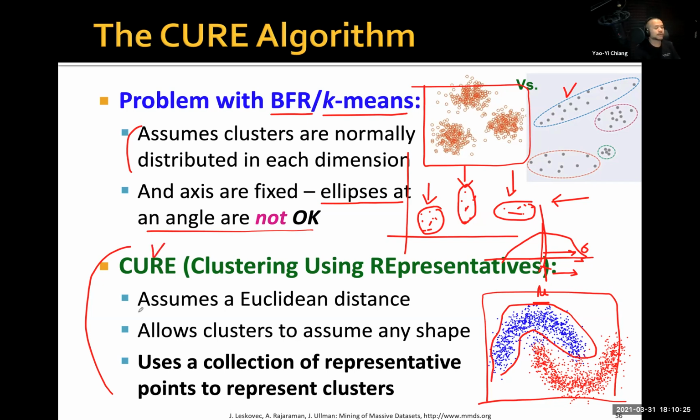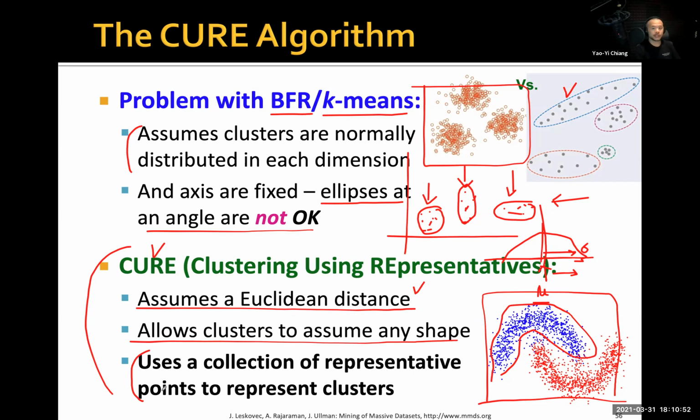Okay, so at the same time, your CURE algorithm also assumes a Euclidean space, so Euclidean distance for your data set. This is the same as for your k-means algorithm. It allows your clusters to have any shape. So the difference between CURE and BFR is in summarizing a cluster, like a DS set or compression set.